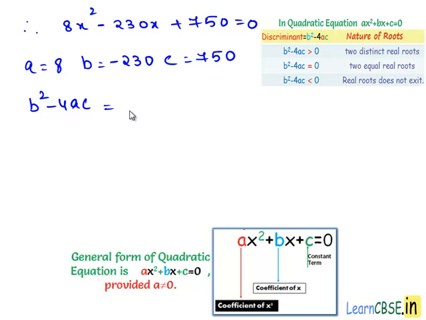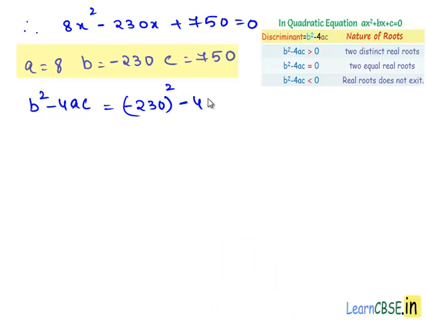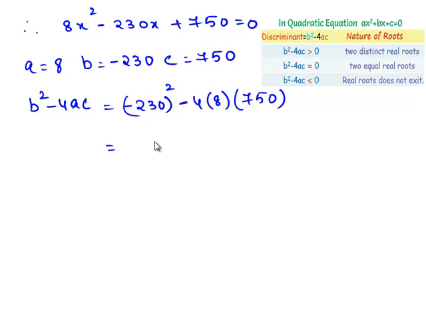This is equal to minus 230 whole square minus 4 times 8 times 750, which is 52,900 minus 24,000. This is equal to 28,900. Therefore, the value of b square minus 4ac is 28,900.